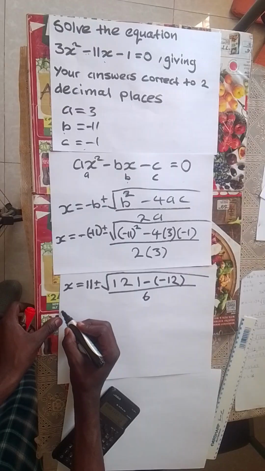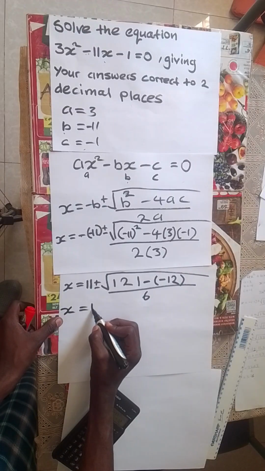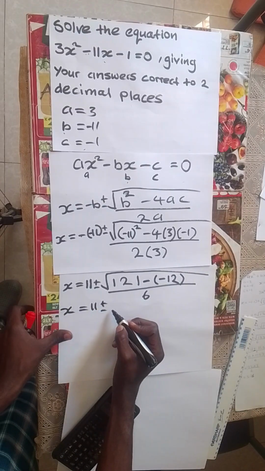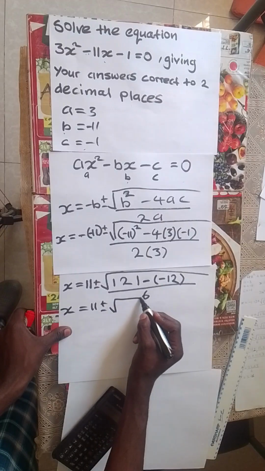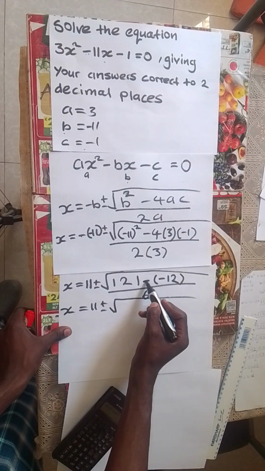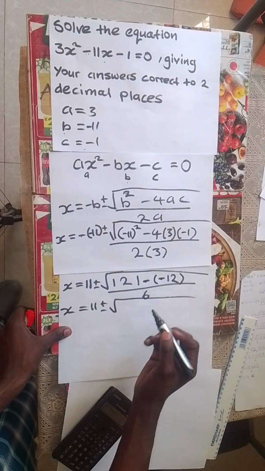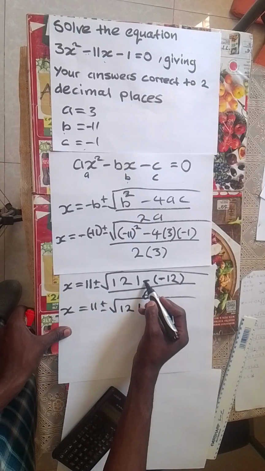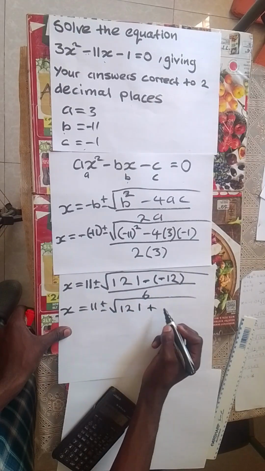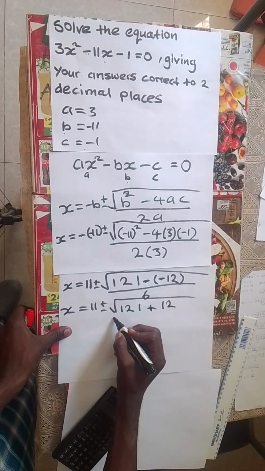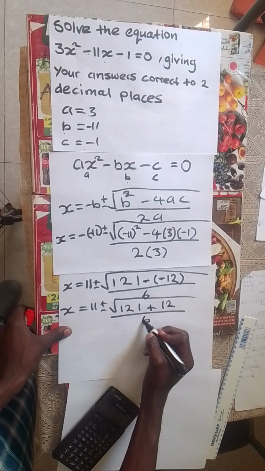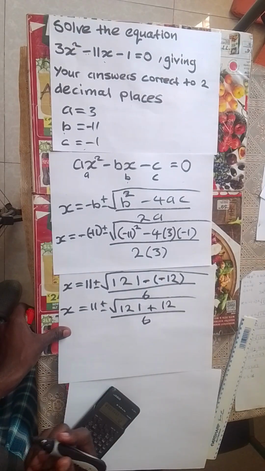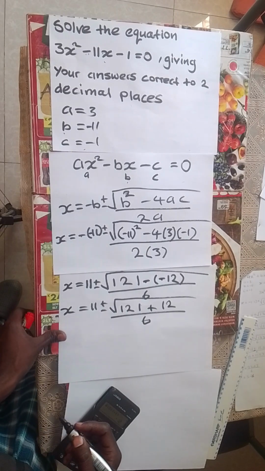Then we break it down further. As we break it down, negative times negative, I'm getting a positive. So this is going to be 121. Negative times negative, this is going to be a positive. This is going to be 12, divided by 6. So now we have reached this stage here.